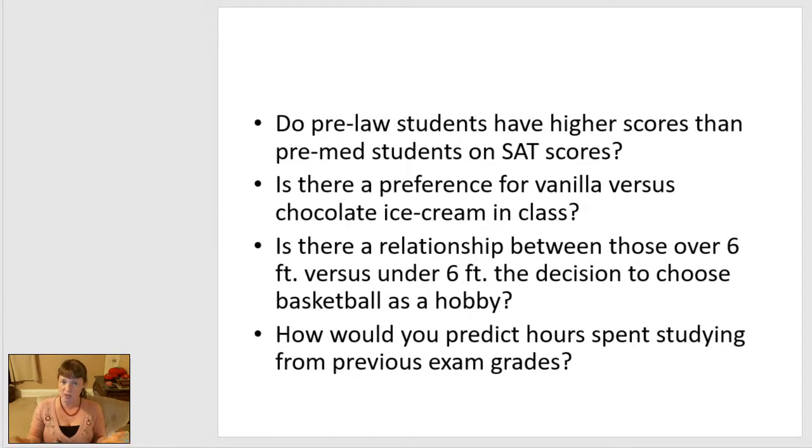And then I'm also looking at the decision to play basketball. Sounds like I'm doing this: do you do it or not? Do you choose to play basketball or not? So I've got over 6 feet, under 6 feet, category-based variable. Do you play basketball or not? Category-based variable. Two categorical variables, two group-based variables. Got to be a chi-square test of independence.